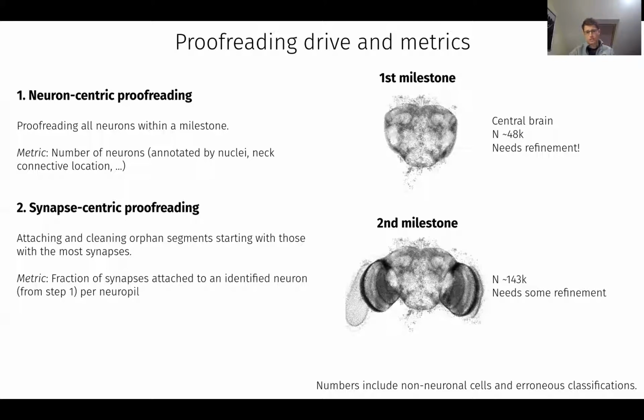This effort is highly distributed, and we will also provide ways in NeuroGlancer that anybody who wants to contribute, and we very much encourage that, of course, to basically pull a neuron to proofread and then submit such proofreading.